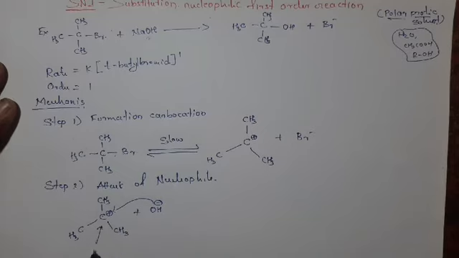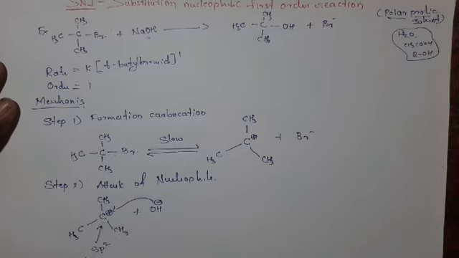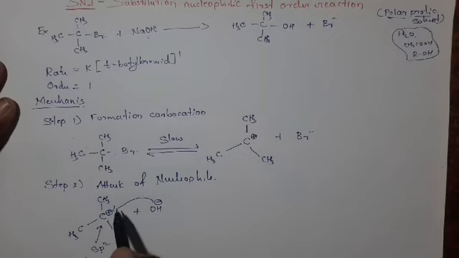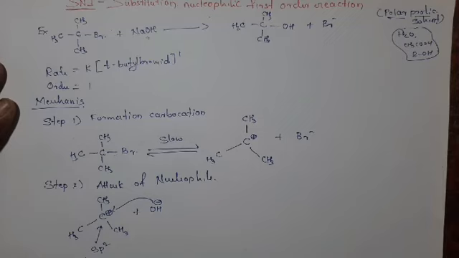The positively charged carbon atom is sp2 hybridized, hence the carbocation is planar in structure. So the nucleophile can attack from both sides, above the plane or below the plane, front side or back side.